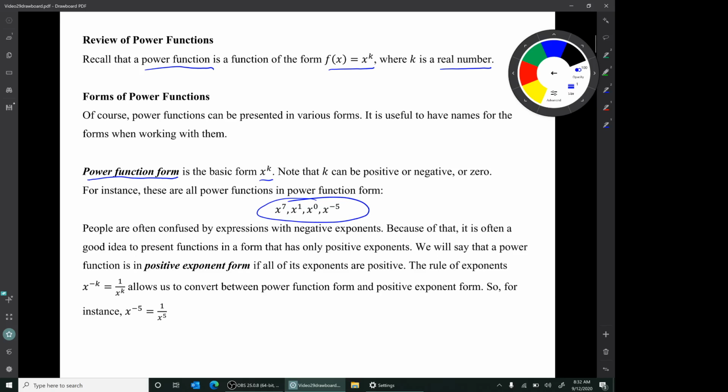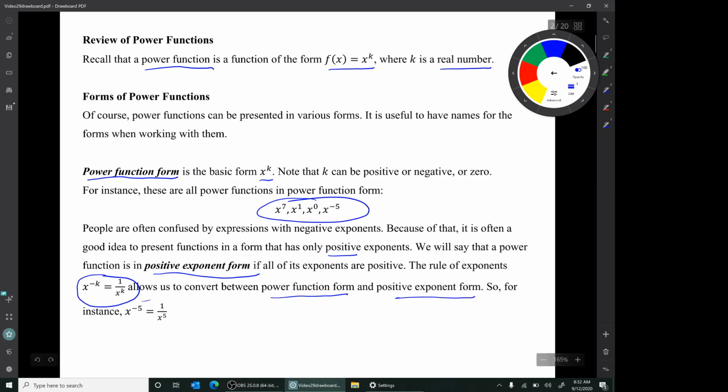Now, people are often confused by expressions with negative exponents. Because of that, it's often a good idea to present functions in a form that has only positive exponents. We'll say that a power function is in positive exponent form if all of its exponents are positive. The rule of exponents that says x to the minus k is 1 over x to the k will allow us to convert between power function form and positive exponent form.